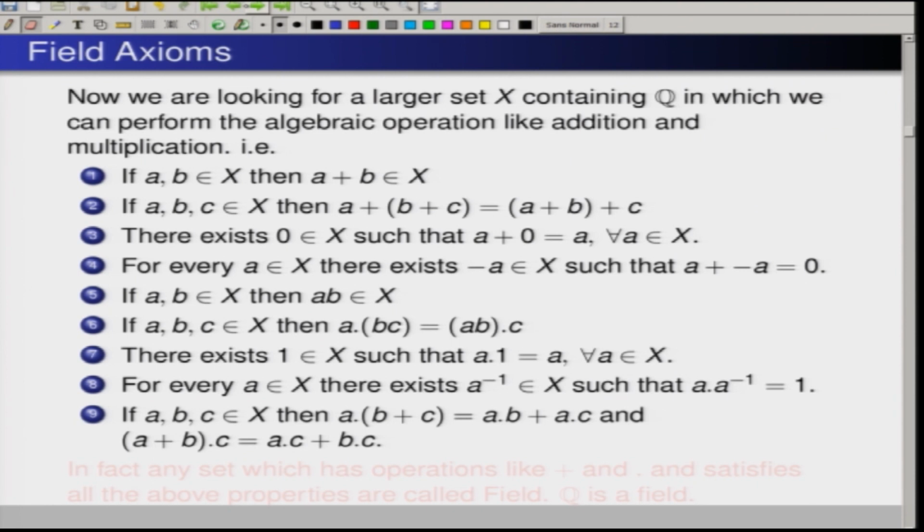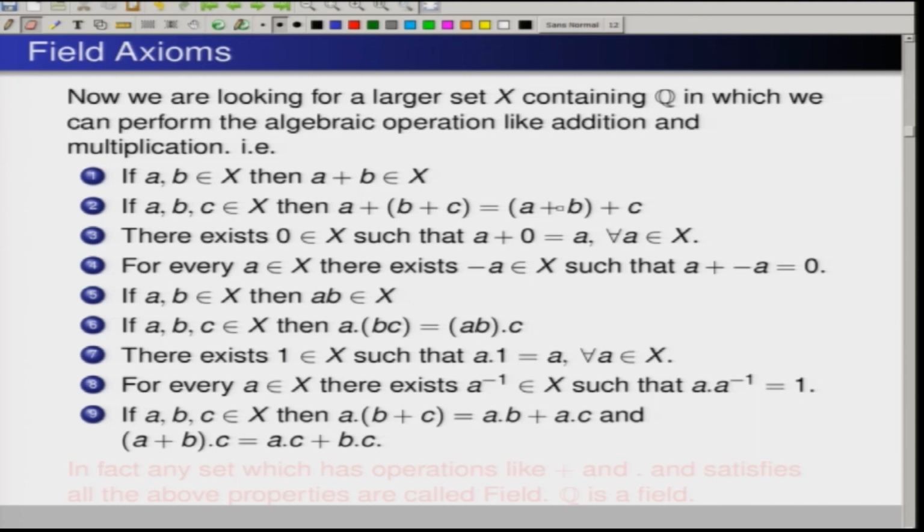That means we would like to have a structure on this larger set X which contains the set of rationals Q. If a and b are taken from X, then a plus b will also be in X. And if a, b, c are in X, then whether I add a plus b plus c first and then a, it will be the same as adding a plus b and then c.